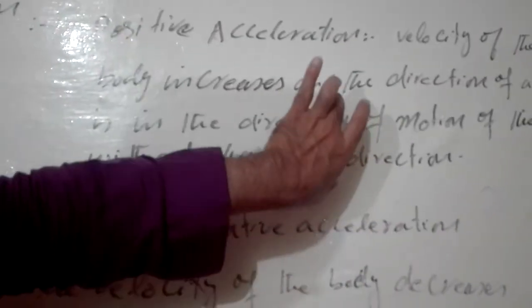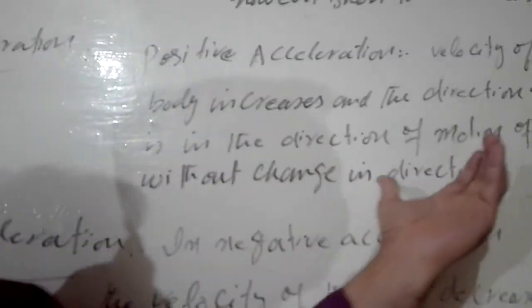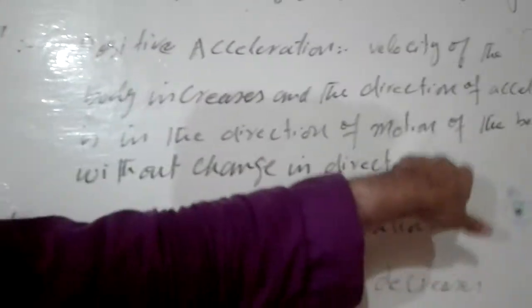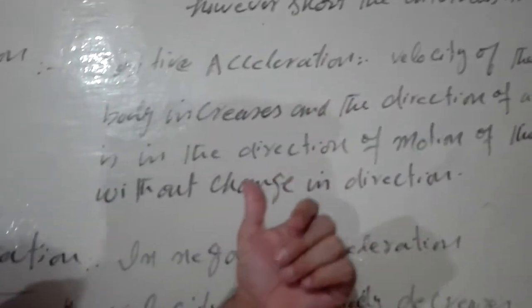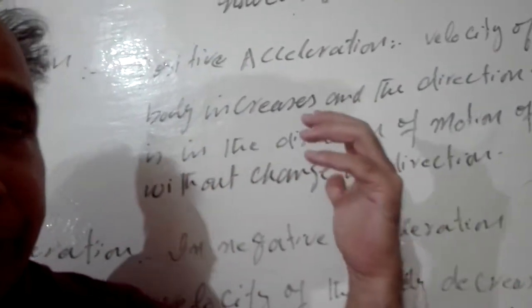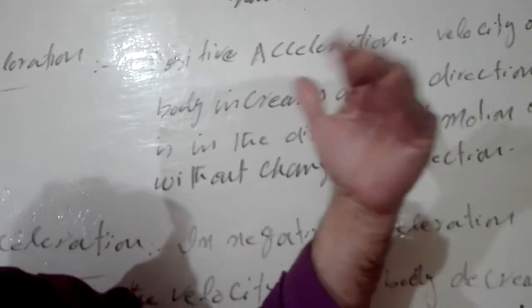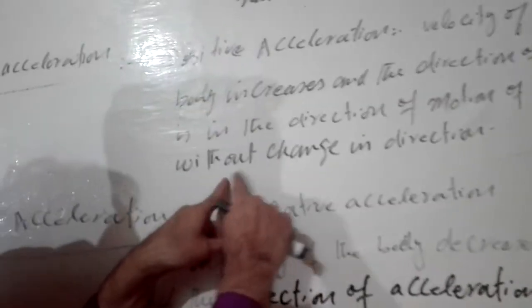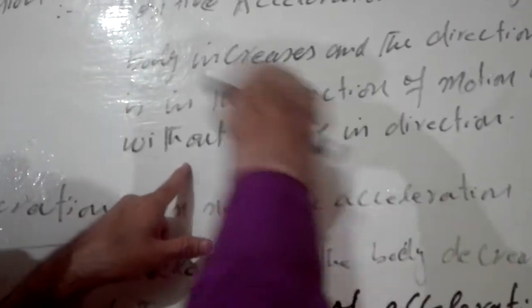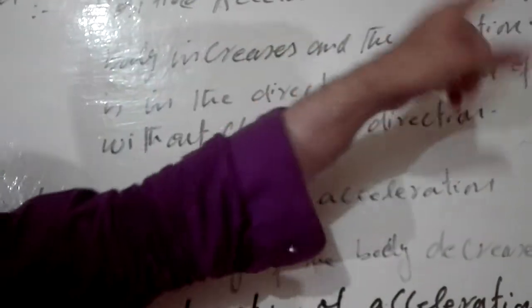Many examples you can think of for positive acceleration, but in your book they have not written any example. So you just have to keep in mind the definition only. But I will tell you one example, like a fighter aeroplane. A fighter aeroplane gains too much velocity, and it can move without changing its direction. So you can give that as one example.